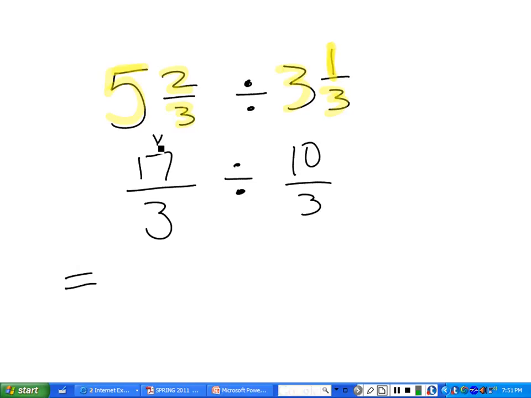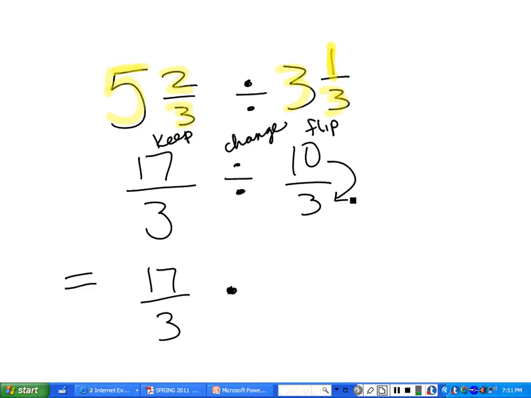Now we're going to keep, change, flip. So we're going to keep the 17 over 3. And we're going to change this division symbol to a multiplication symbol. And we're going to flip this 10 over 3. And the proper way to say that is really to find the reciprocal of 10 over 3, which is 3 over 10. Okay, can we cross cancel?